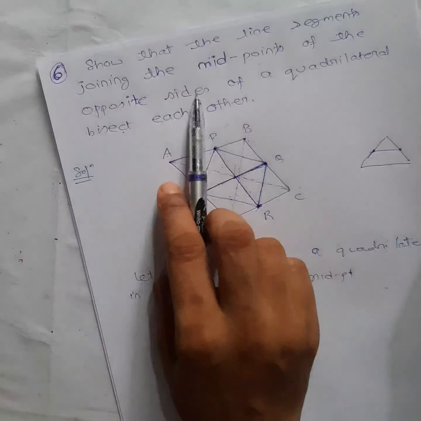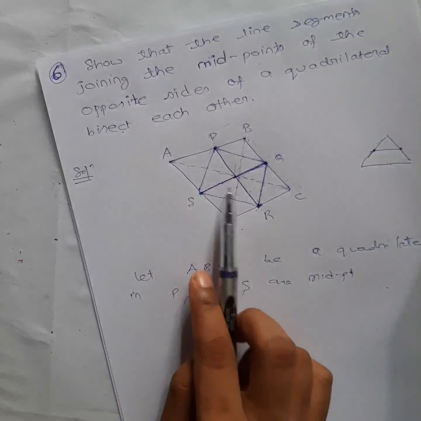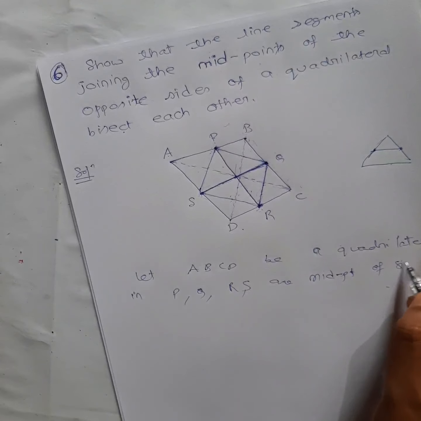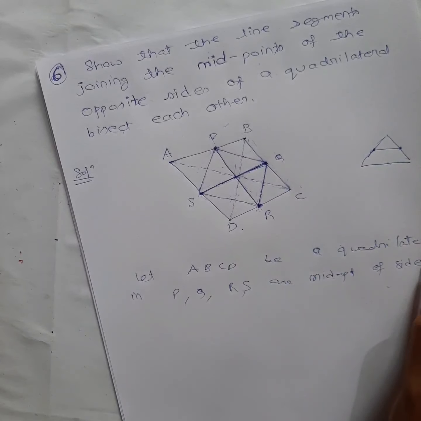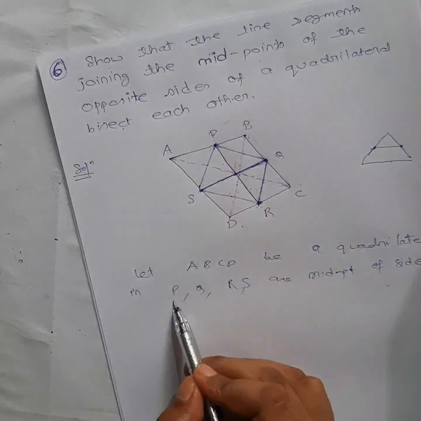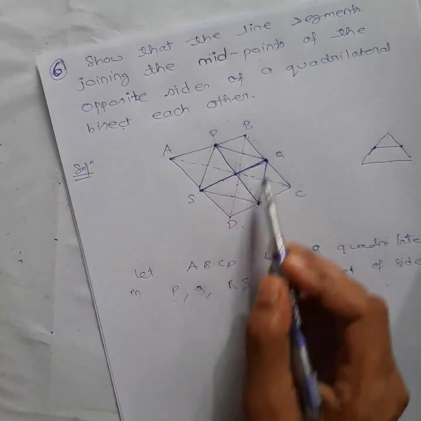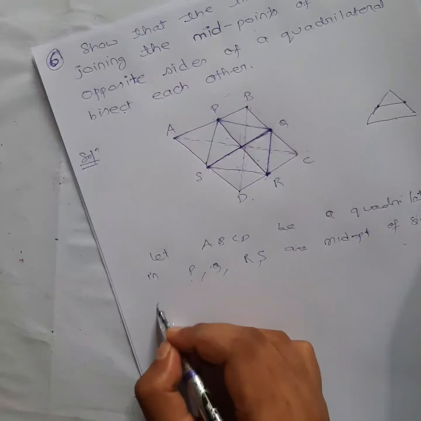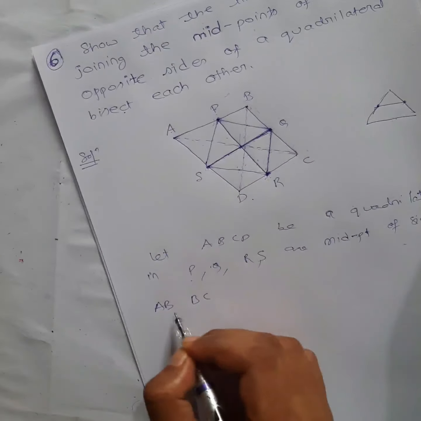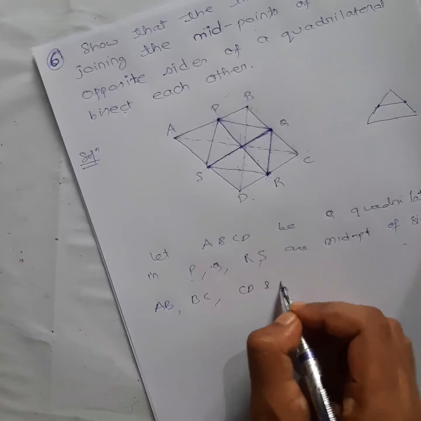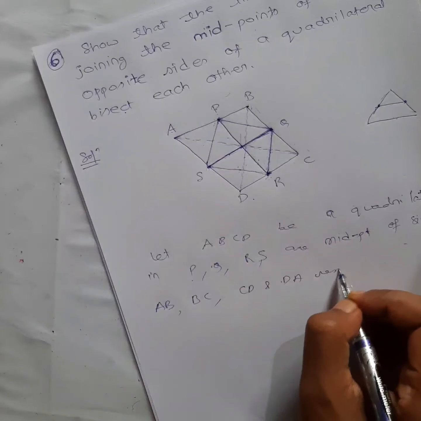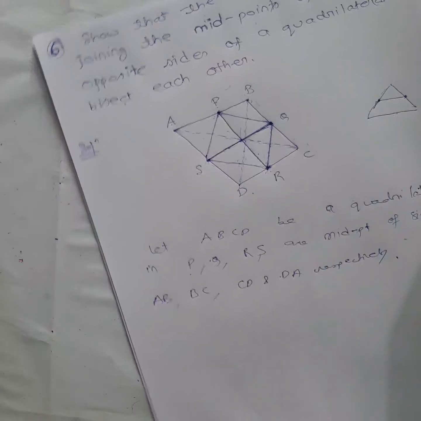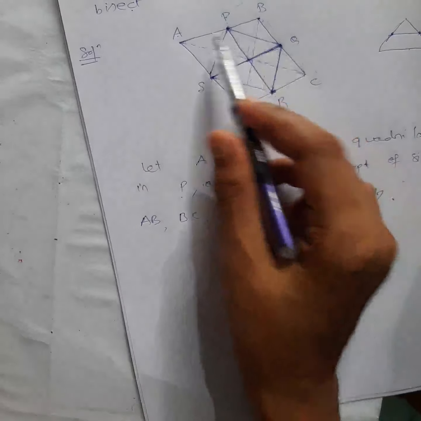Whatever is not there in the question, you always have to mention what you are writing. So P is the midpoint of AB, Q is the midpoint of BC, like that you have to write. Midpoints of sides AB, BC, CD, and DA respectively. So I've mentioned the midpoints also.